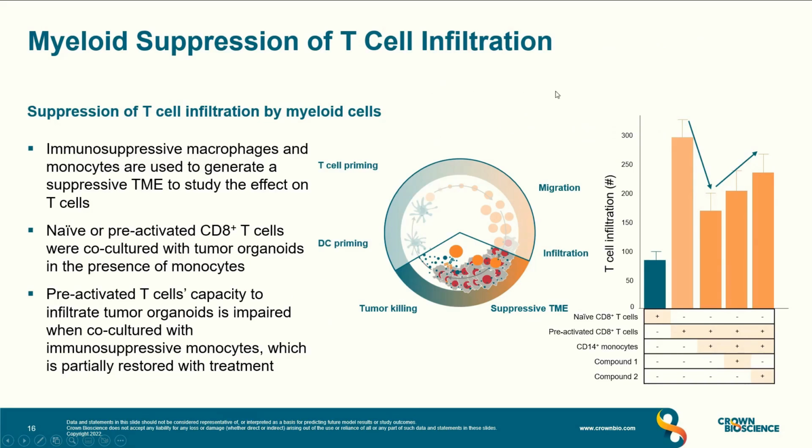Here you can see that when we have naive CD8 T cells or pre-activated CD8 T cells, we see very high tumor cell infiltration, but as soon as we start adding monocytes, we see reduced infiltration, and when we have compounds that interfere with these monocyte activities, we see that the infiltration increases again. So it is possible to modulate the activities of these cell types with drugs in vitro.